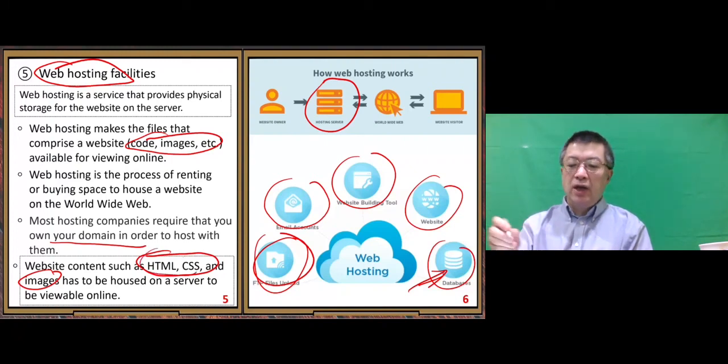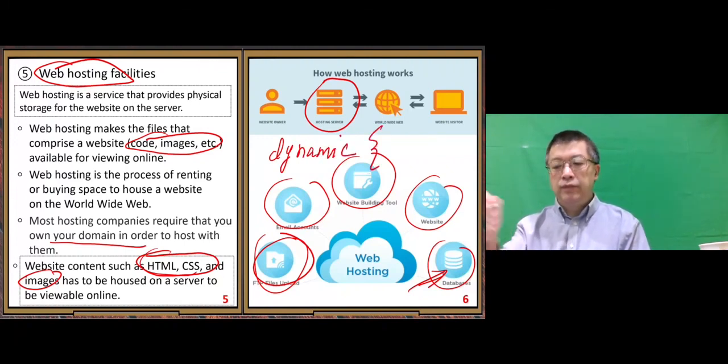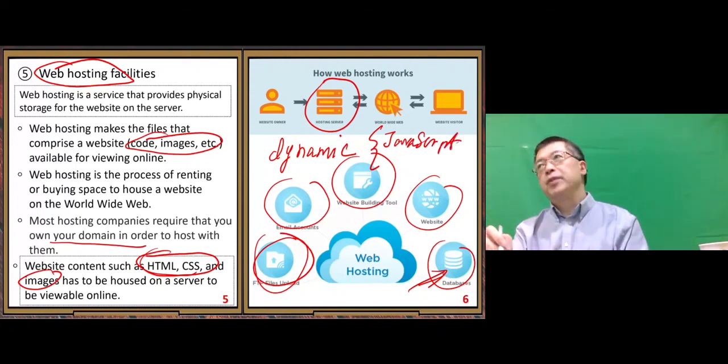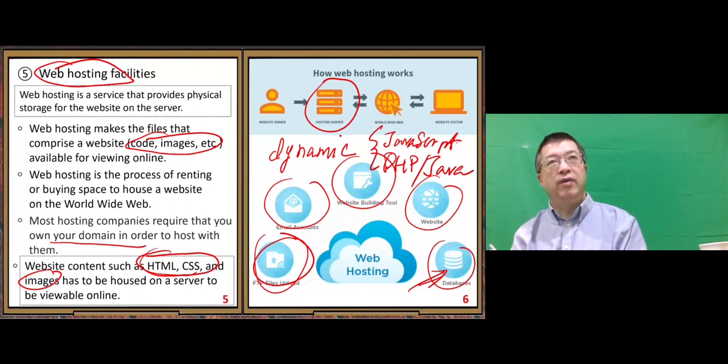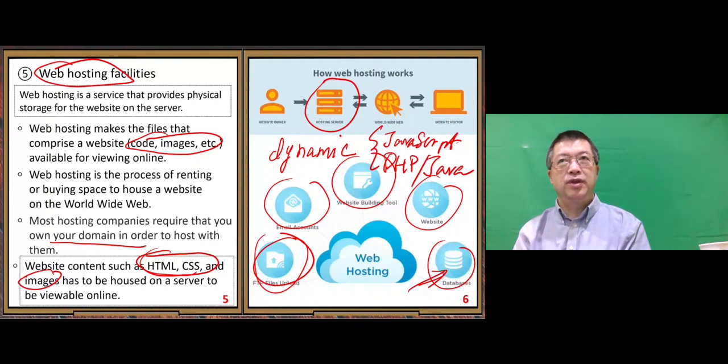Dynamic code comes in two types. At the client side, using JavaScript. Then, server side, you need a server-side programming language. For example, PHP is one, Java another one, and .NET. Many people also use .NET technology.